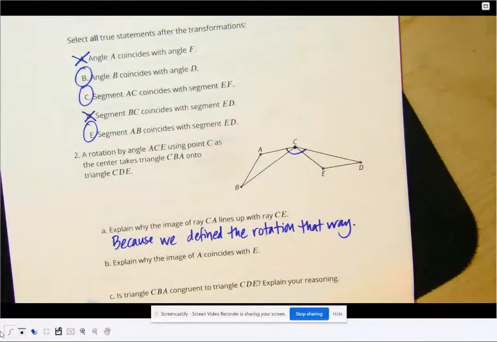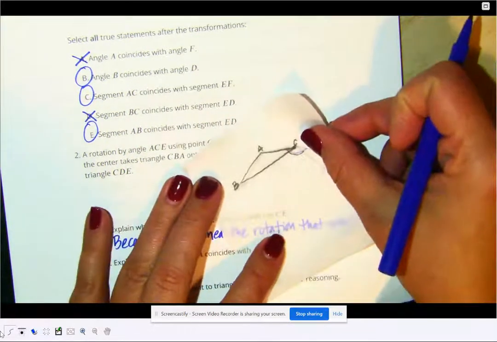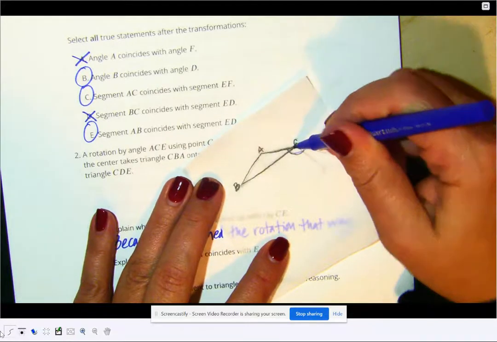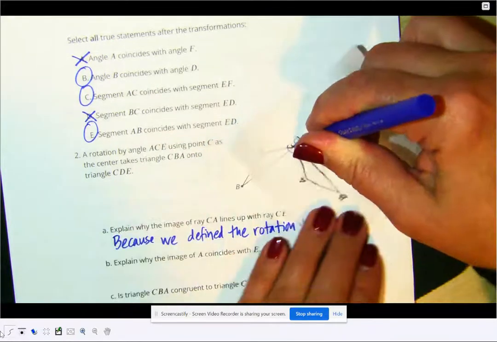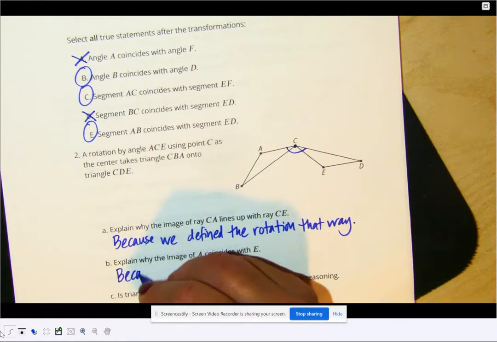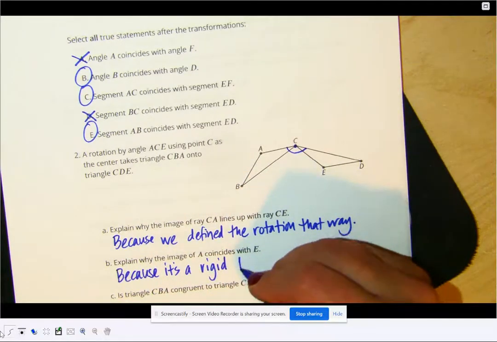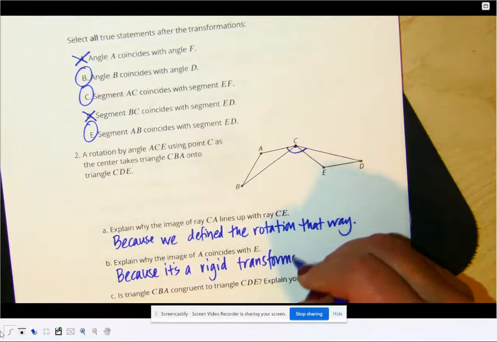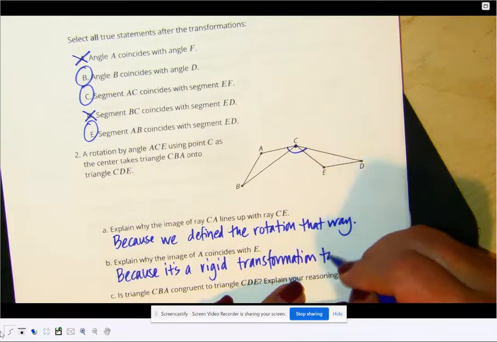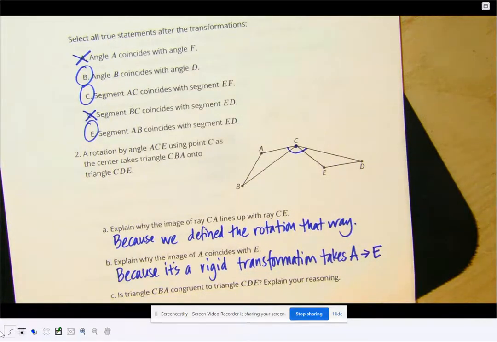Explain why the image of A coincides with E. So one more time, when I rotate that, because we defined it as a rigid transformation, A is going to coincide with E. Because it's a rigid transformation that takes A to E. And last, is triangle CBA congruent to triangle CDE?